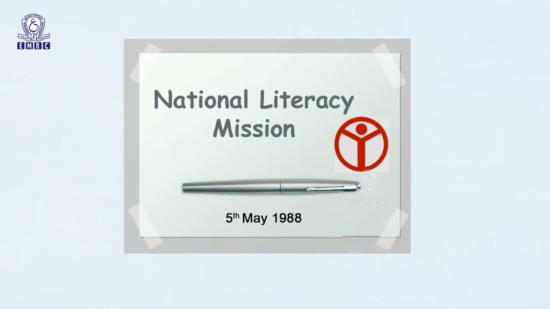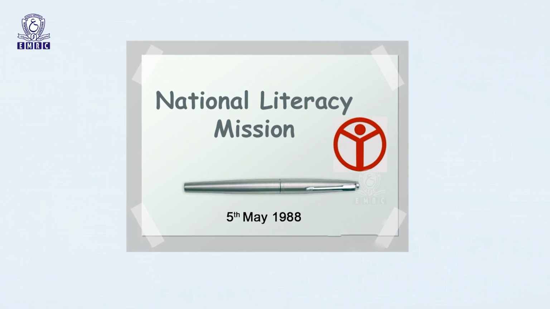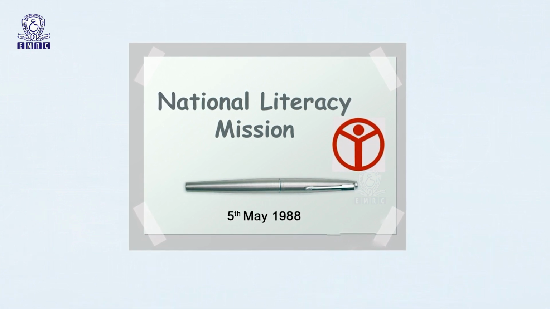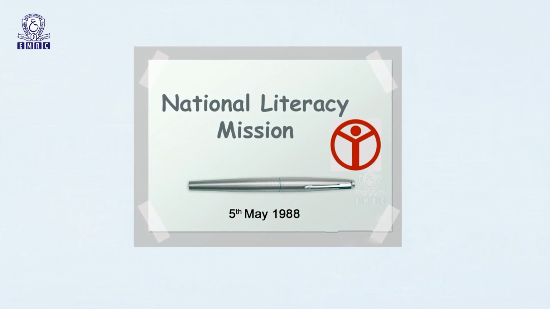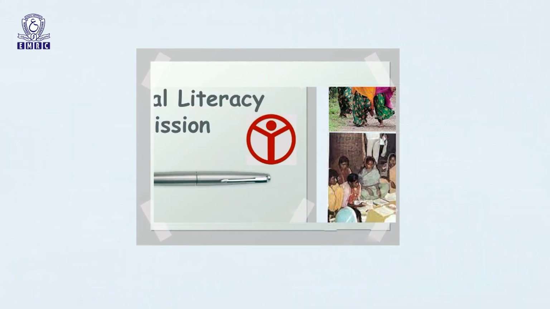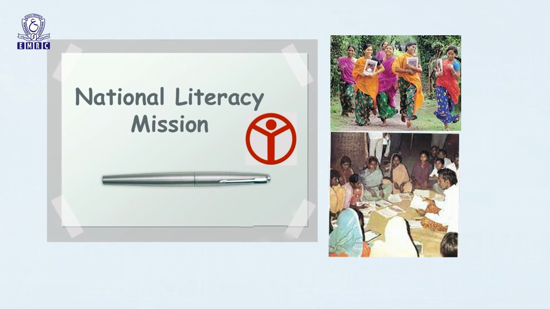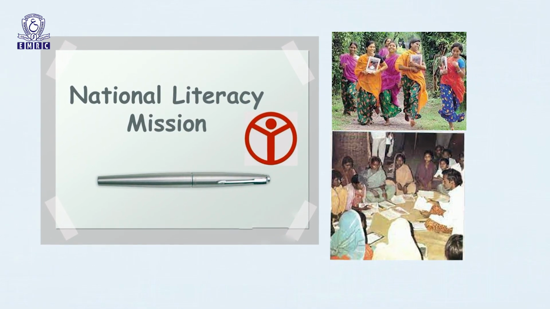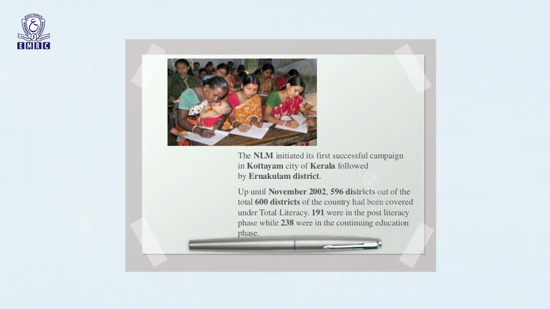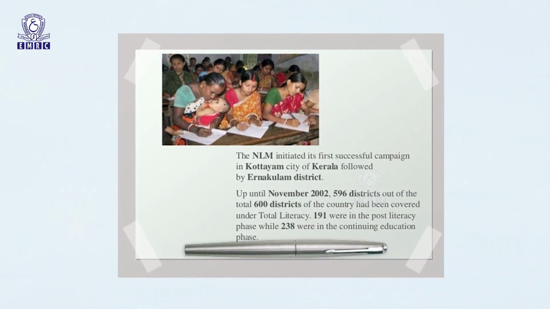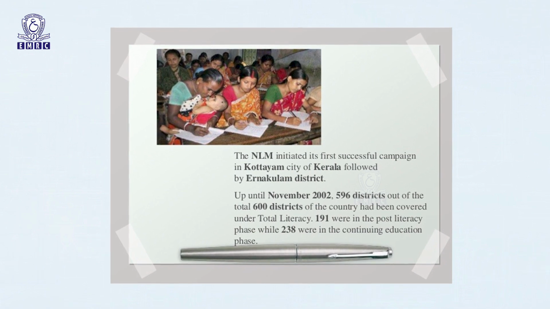The National Literacy Mission NLM was set up by the Government of India on 5th May 1988 towards illiteracy alleviation. The target population group for the program was aged 15 to 35 years. The first successful literacy campaign by the NLM was in Kottayam, Kerala.